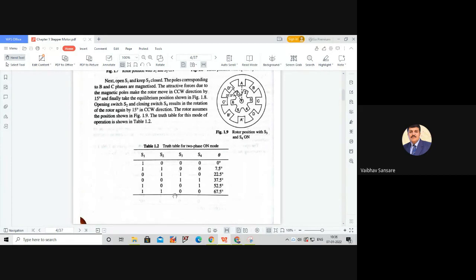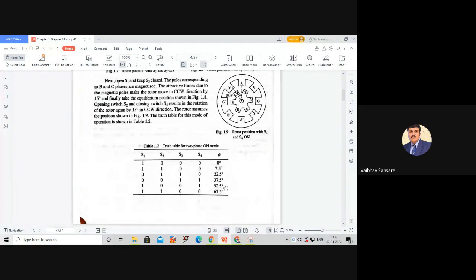So now S4 and S1 are both on, and the rotor will again try to rotate in the counterclockwise direction by 15 degrees. So these will be the new positions of the rotor with the two pole excitation mode: 0 degrees, 7.5 degrees, 22.5 degrees, 37.5 degrees, 52.5 degrees, and 67.5 degrees.